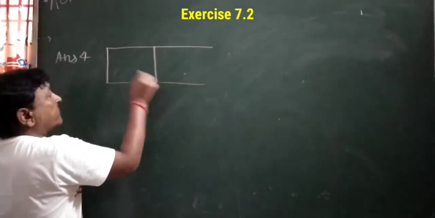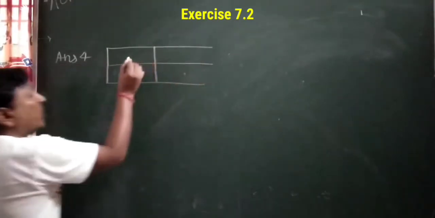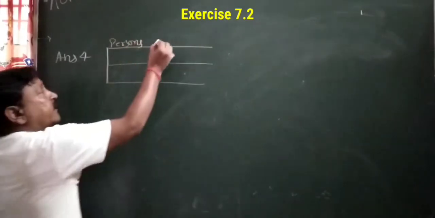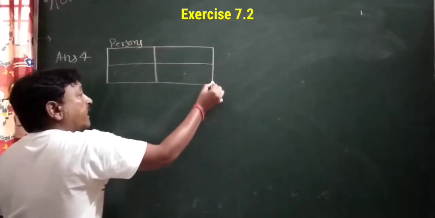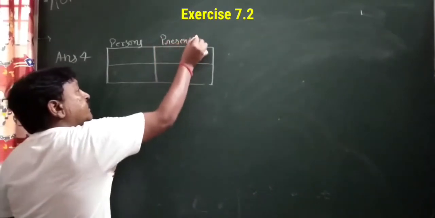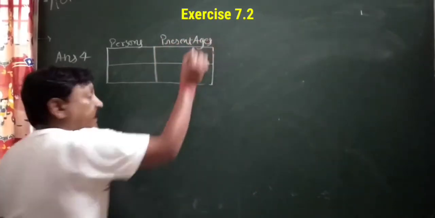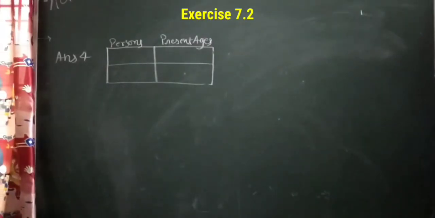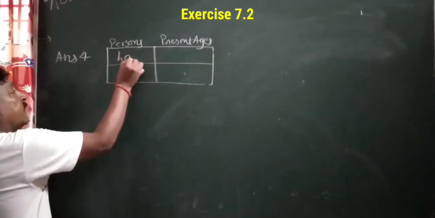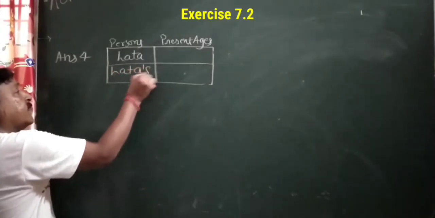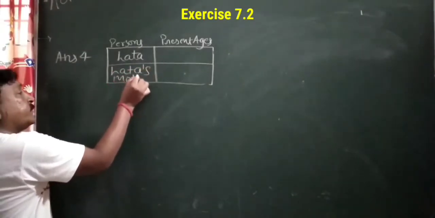In this box, the first column is of persons and the second column is of their present ages. In this question, the persons are Lata and Lata's mother.